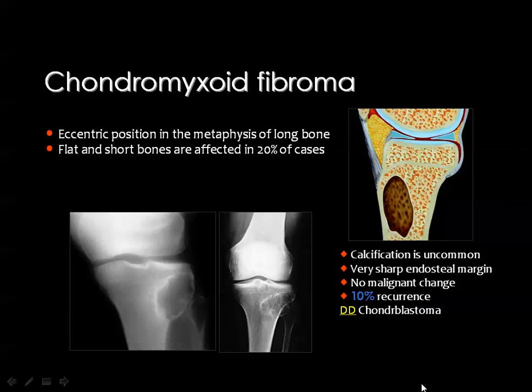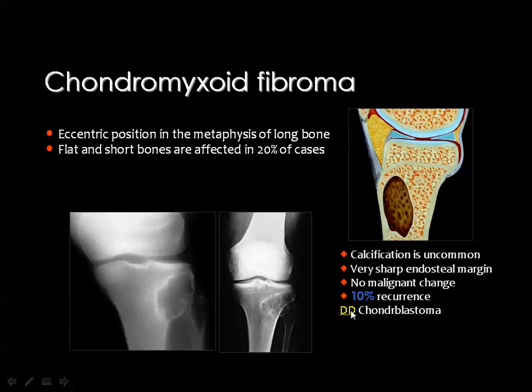But you remember that giant cell tumor does not have a sclerotic margin. This lesion has a sclerotic margin. It may contain calcium because of the chondromatous part of the lesion, and it has no malignant criteria.